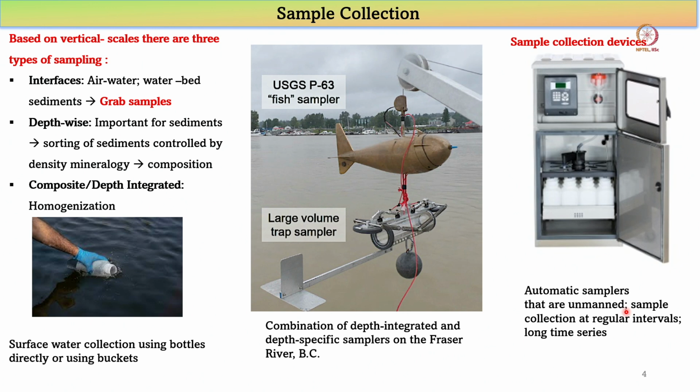So from that boundary you go a little deeper, maybe 20 centimeters, 30 centimeters deep, and from there you take the water, because dissolved chemistry is generally found to be pretty homogeneous in turbulent water, okay.